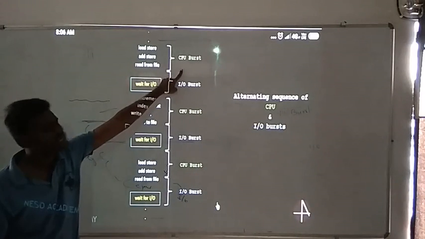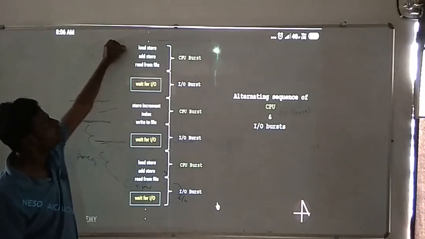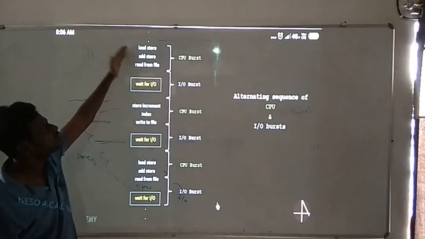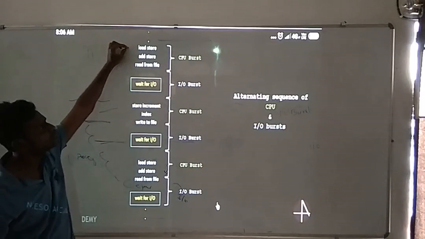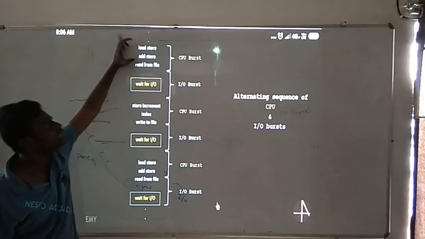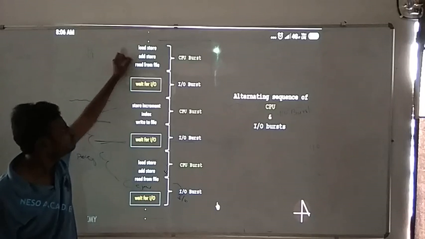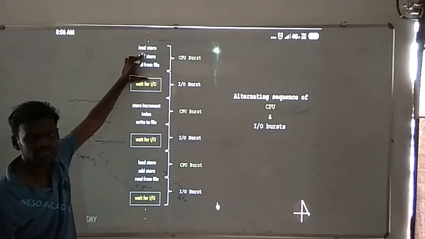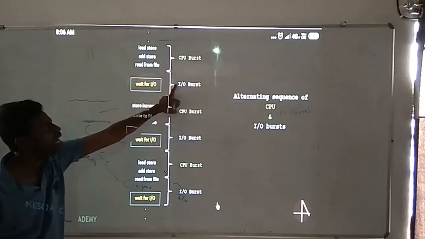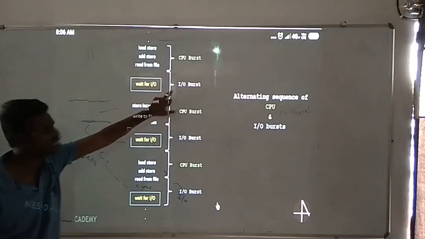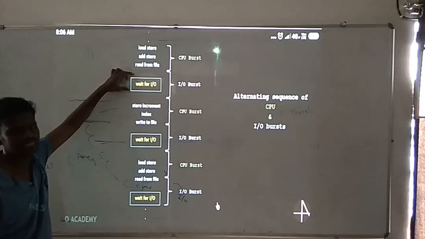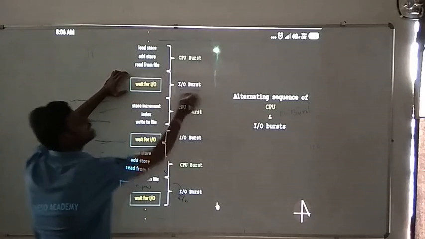That falls under CPU burst: loading and storing, add, store, and read file. When we are executing this read file, it needs input, so it goes to IO burst. It will be waiting for the input, waiting for IO devices. That is what falls under IO burst.